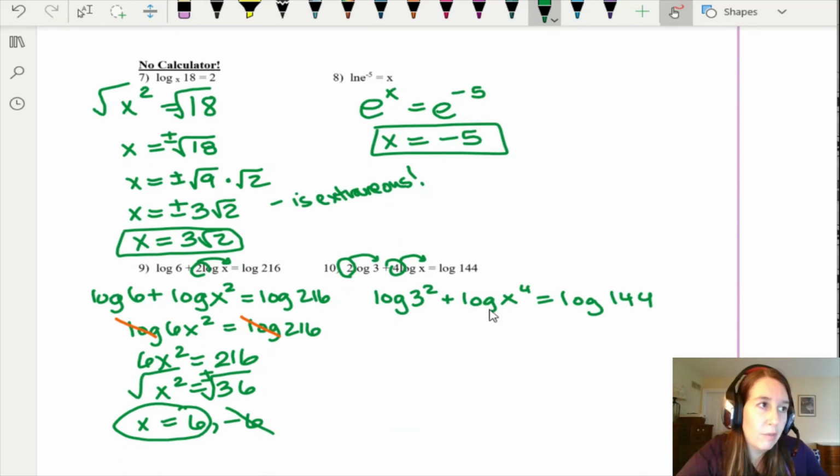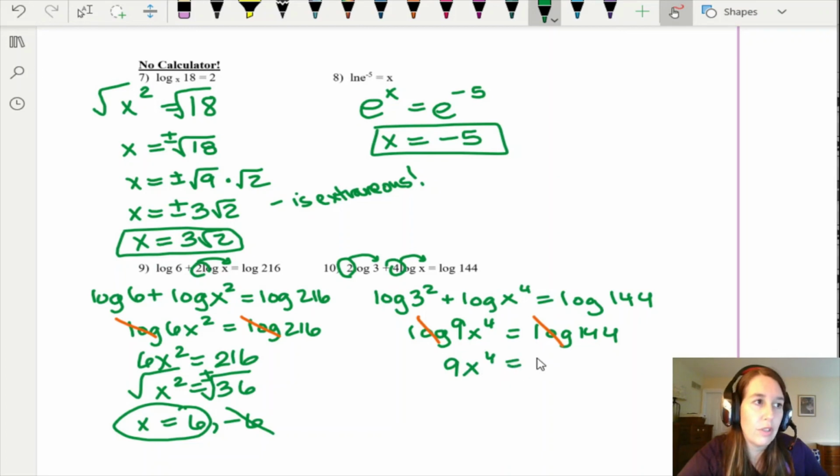Now we need to combine these two logs into one log using the product rule. Log 3 squared being 9, and then x to the fourth equals log 144. Okay, and then let's unlog both sides. So 9x to the fourth equals 144.